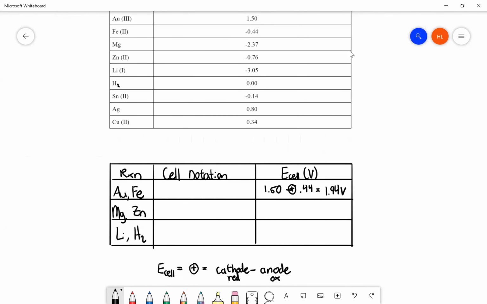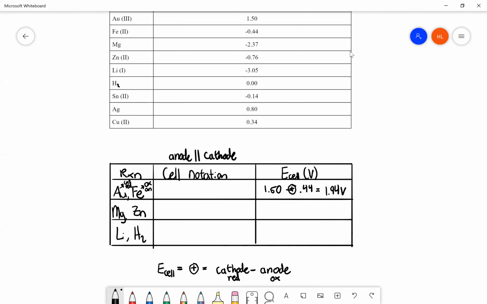When we write out the cell notation, we should know that it's anode, salt bridge, cathode. Based on where we put our standard reduction potentials in the E cell, we know that our anode is going to be iron because it is oxidized, and our cathode is going to be gold because it is reduced.